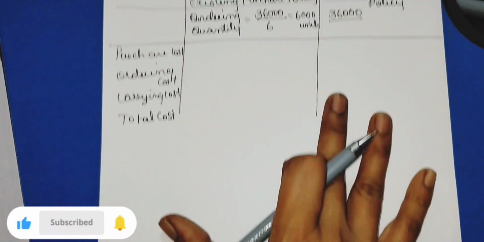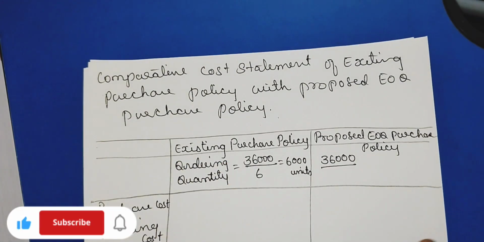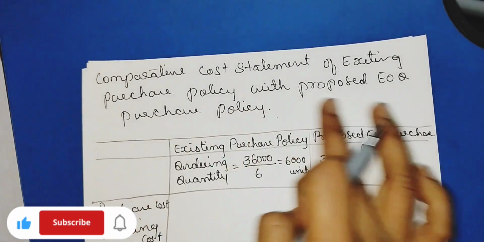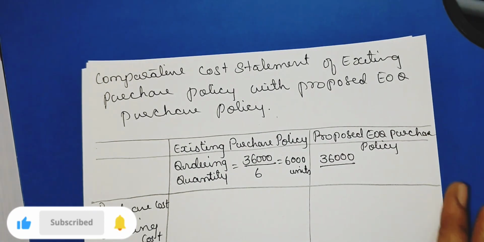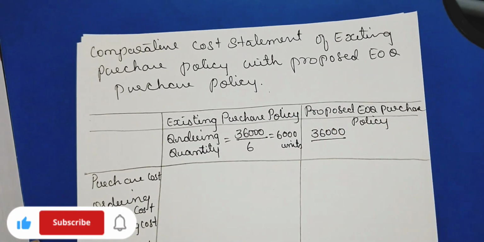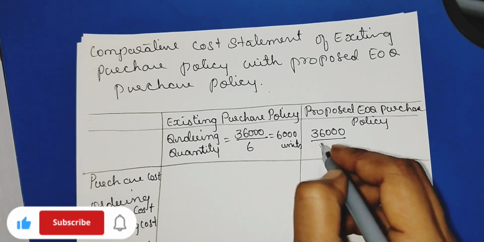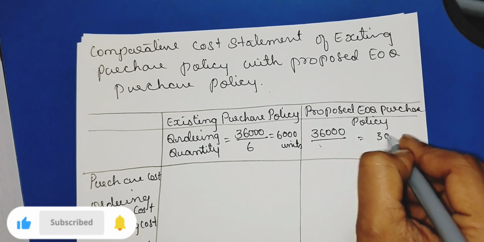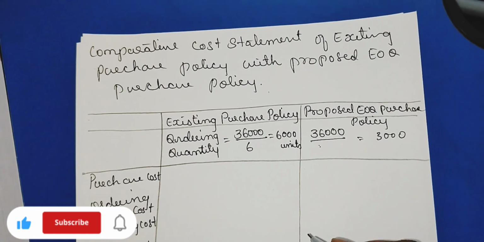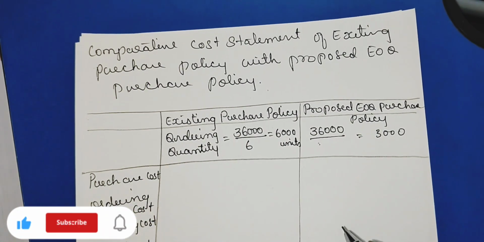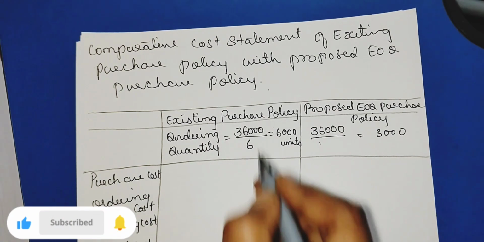Okay. Now here we will do a comparative cost statement for their existing purchase policy with the proposed EOQ purchase policy. The proposed EOQ purchase policy, just now we have calculated, that is 3,000 units, right? Now here we have the existing purchase policy.